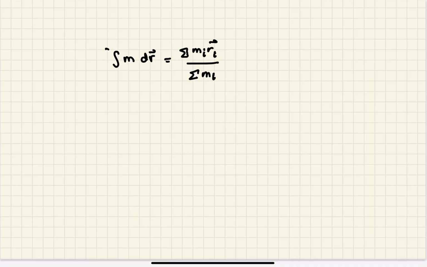And so that's where this integral comes in. Usually you're not going to use this integral, but in some cases you're given a weird shape like a semicircle, and you would want to use the integral. You're not given actual discrete particles, you're given a continuous shape.